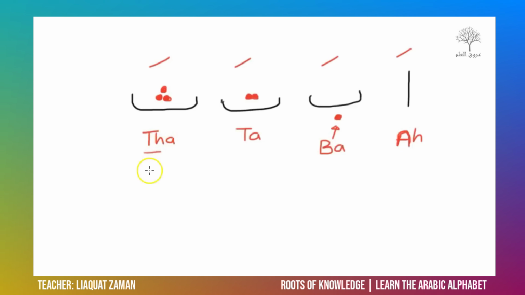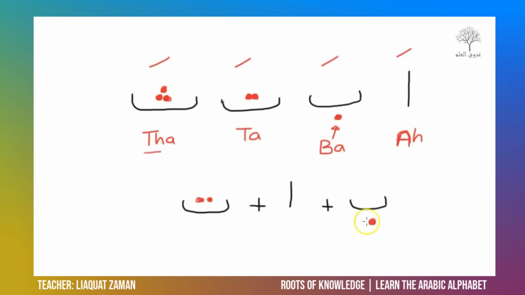Now we're going to try to combine the letters together. You can try this yourselves. If you had this shape plus this shape plus this shape, let me add the dots: one dot there, two dots there.